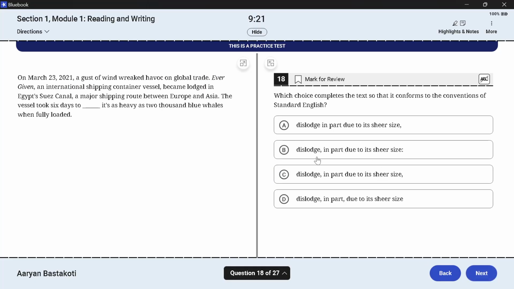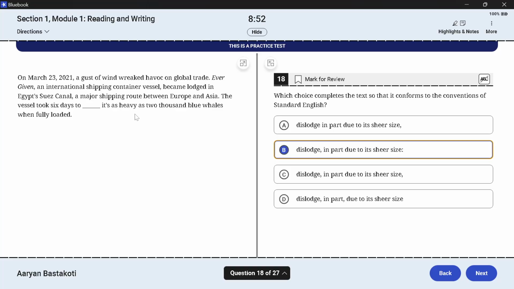The question is all about punctuation again. A ship given on an international shipping container vessel became lost in Egypt's Suez Canal, a major shipping route between Europe and Asia. The vessel took 6 days to dislodge. It's as heavy as 2,000 blue whales when fully loaded.